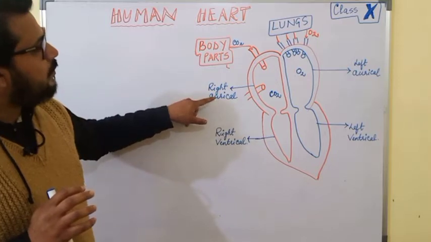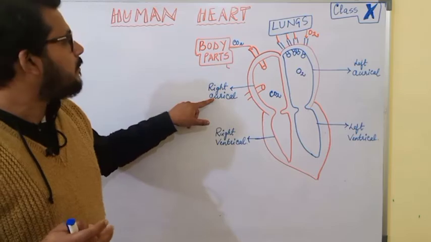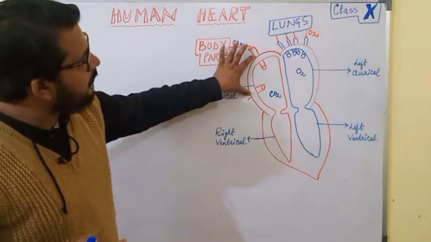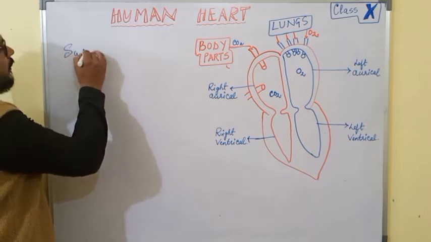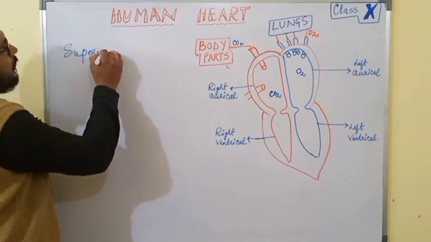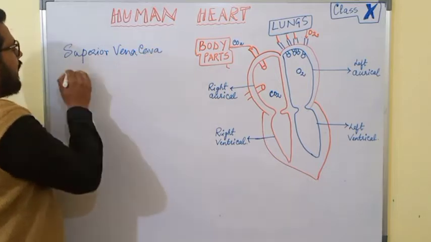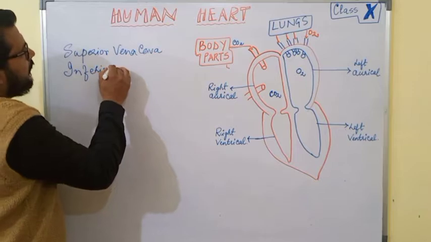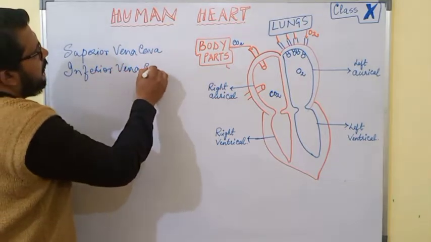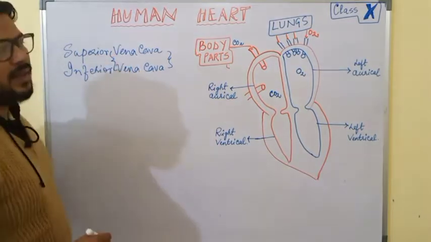And the blood vessels responsible for bringing the deoxygenated blood from all the body parts, there are two blood vessels. These blood vessels are called superior vena cava and inferior vena cava, right? And we can also call them vena cava. Okay?